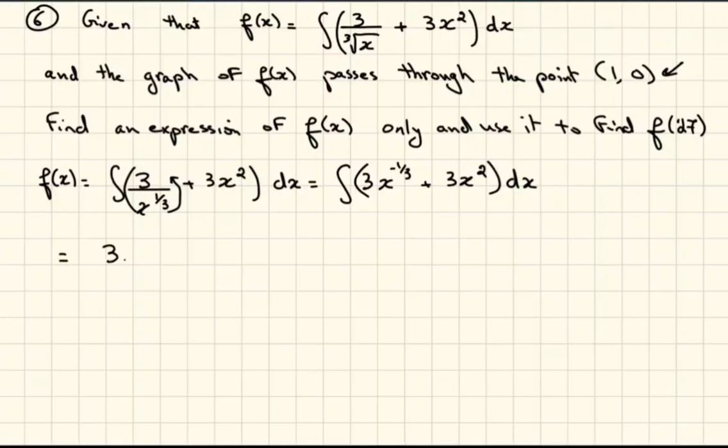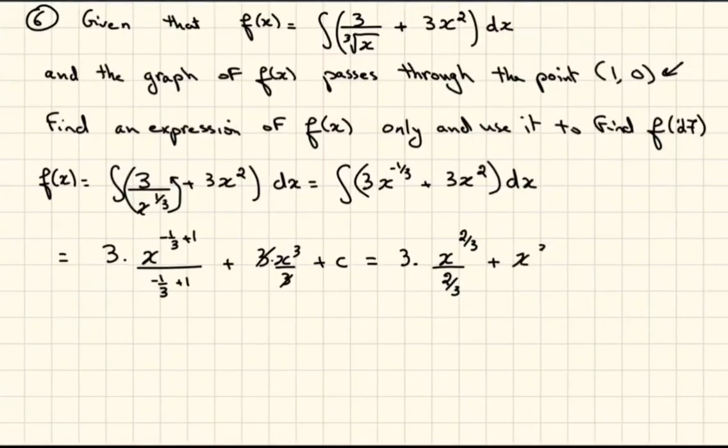So we get 3 x exponent minus 1 over 3 plus 1, over minus 1 over 3 plus 1, plus 3 multiplied by x cubed over 3, plus c, equals 3 times x exponent. Now minus 1 over 3 plus 1 becomes 2 over 3, and the one down is also 2 over 3, so this and this can cancel.